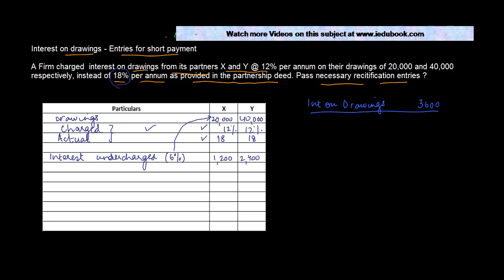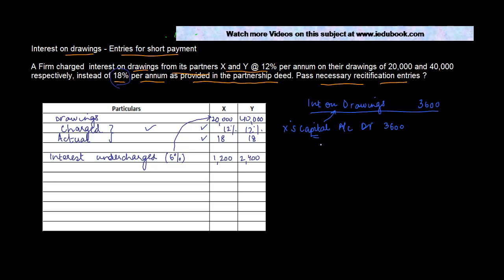This is charged from the partners, right? So you will debit the partner's capital account, excess capital account. Normally a capital account will have a credit balance. When you are charging interest on drawings from them, the capital gets reduced. So anything which is credit has to be reduced, has to get a debit balance, right?